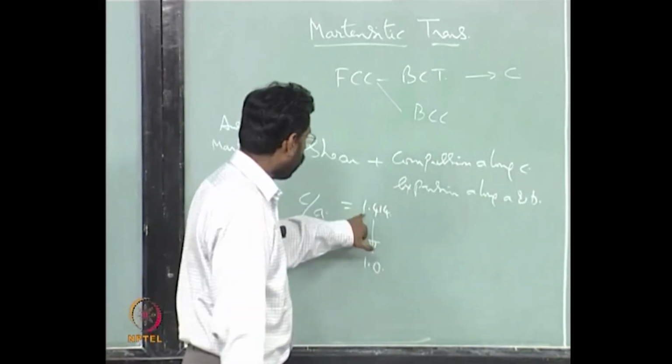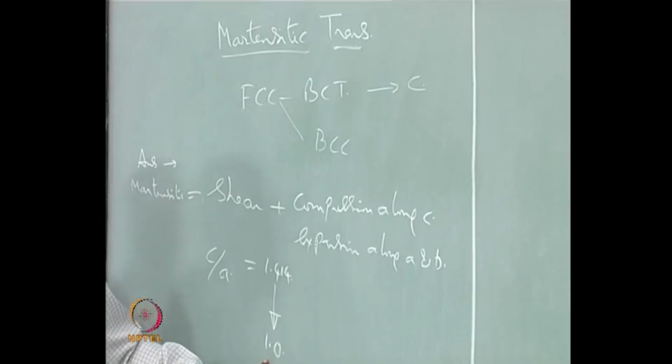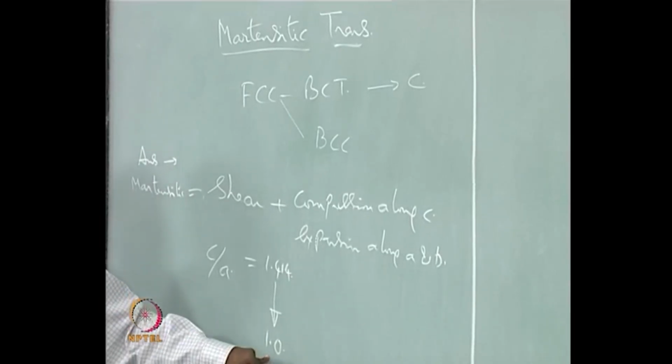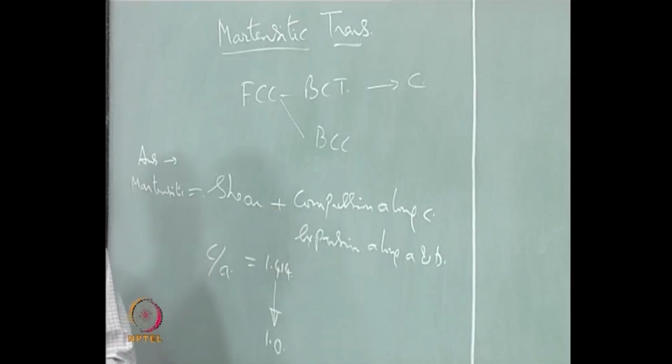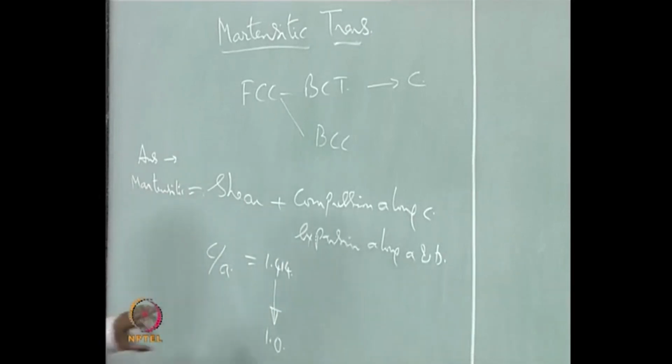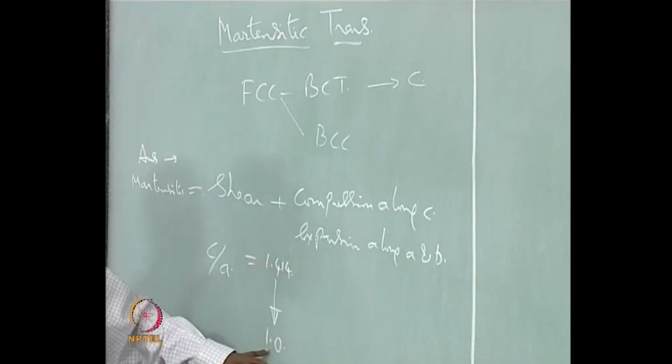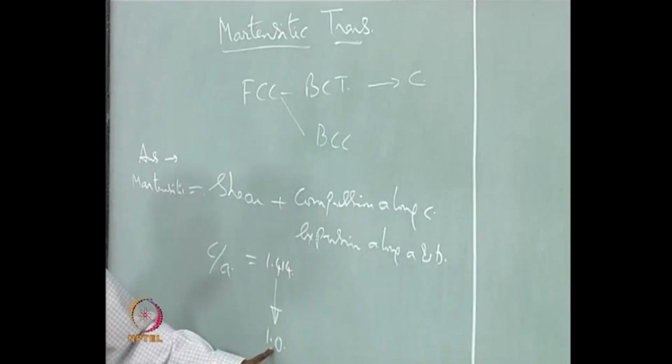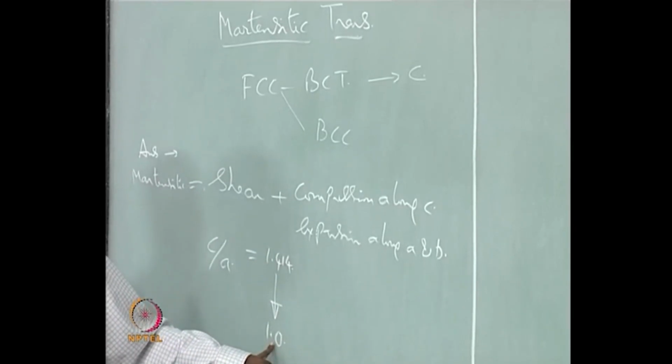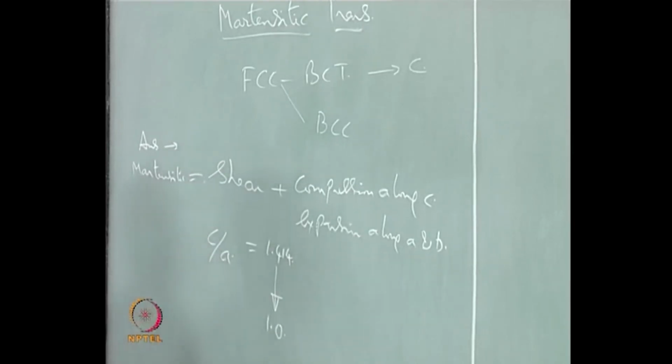So, it would like to come from there to here, depending on the carbon content present in the alloy and depending on the extent of compression that can take place along the C axis. This would come towards this. If there is no carbon, it would in principle be this. So, this is the whole structural aspect.